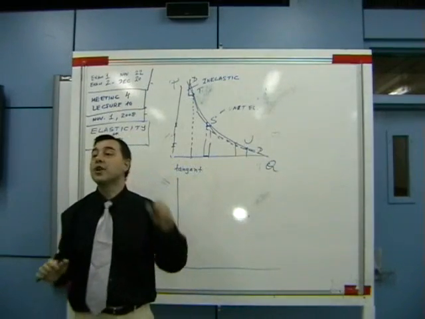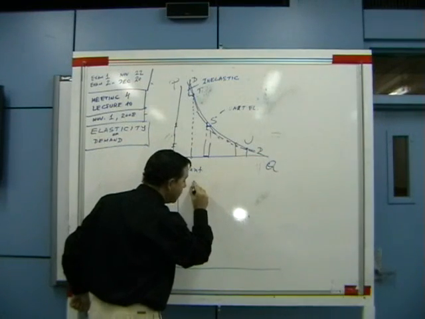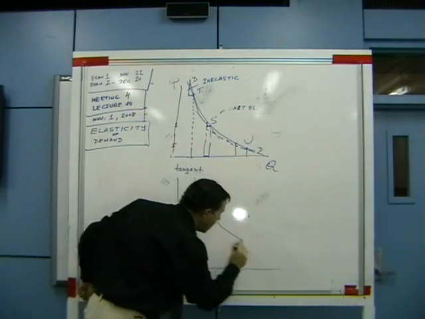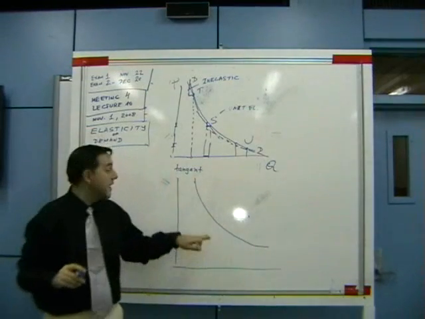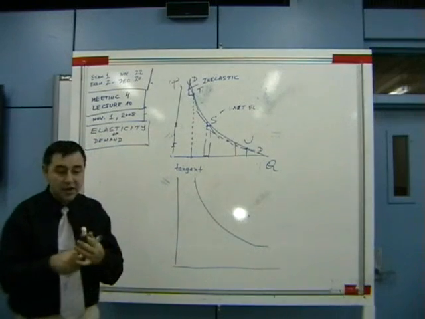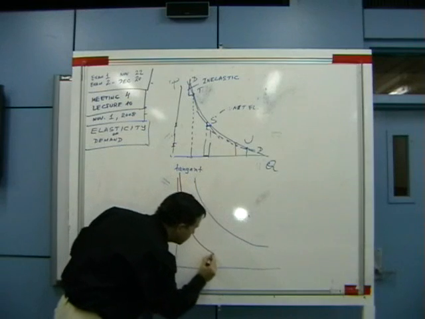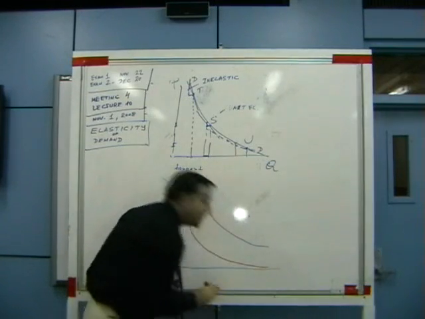This rule doesn't work well because you may have a demand curve which will go relatively far away, and elasticities here will be of one type, but you may get a curve which is very much like this.